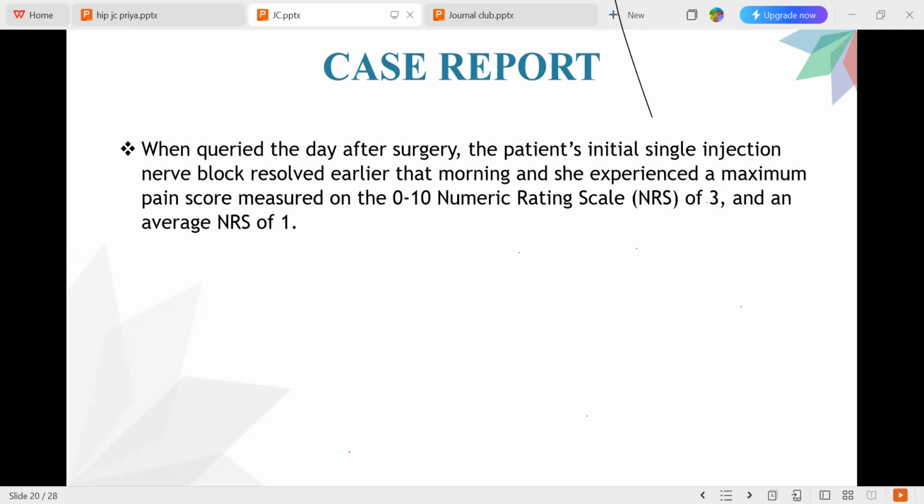Any other queries? They have not talked much about how much they started the stimulation. They've said they started it at 2.2, but they have not talked about how much the patient increased it further, depending on their requirement. Once you start giving local anesthetic, at what levels does the patient actually perceive some relief or a pleasant sensation?